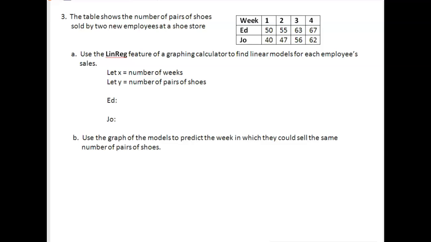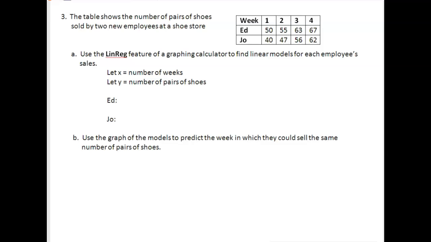We can also use linear regression that we talked about in section 2.5 in order to compare linear models. So it said the table shows the number of shoes a pair of employees sold at a shoe store. Using the linear regression feature of a graphing calculator, find linear models for each of the employees' sales.